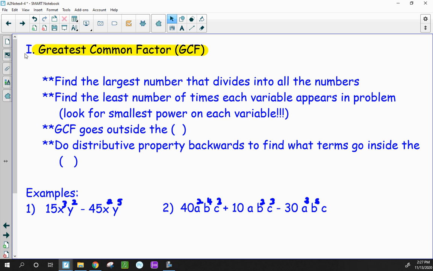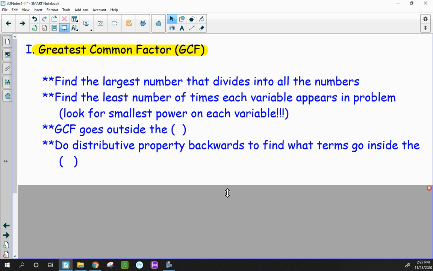We're going to start with the first big method in factoring called greatest common factor, GCF for short. What I need you to do is write down the 4 descriptions you see on the board. It's talking you through how to find a GCF. First, you're going to find the largest number that divides nicely into all the numbers you see in your problem.